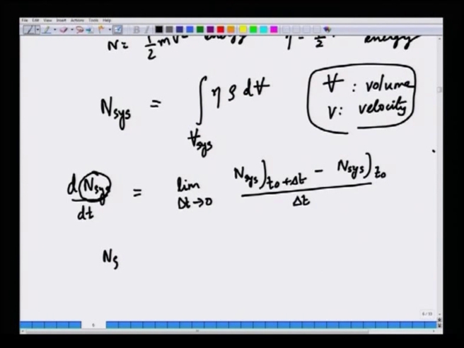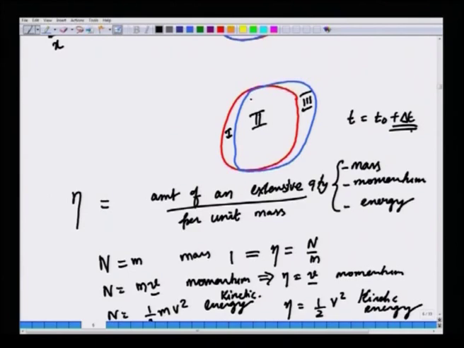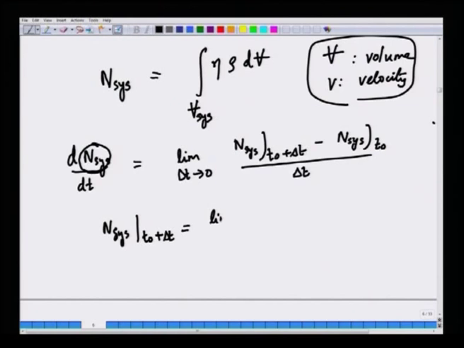N system at time t0 plus delta t is nothing but, from the figure, N2 plus N3. So N system is the limit delta t going to 0 of N2 plus N3 at t0 plus delta t.